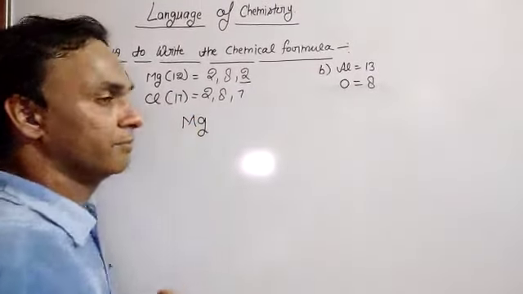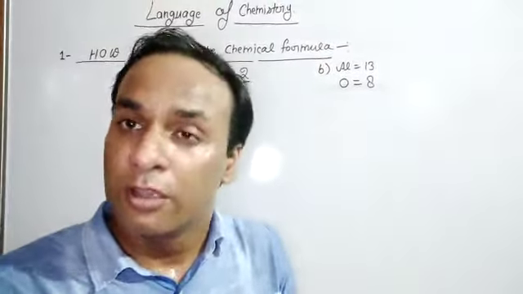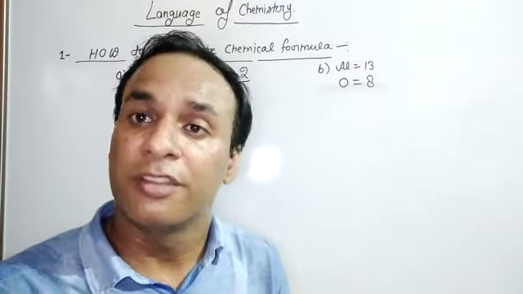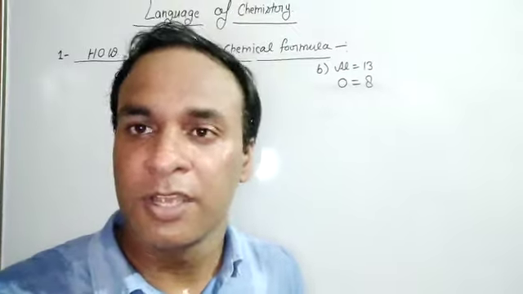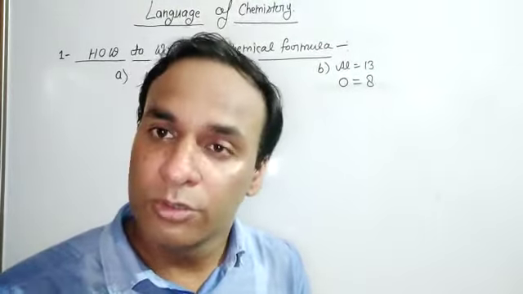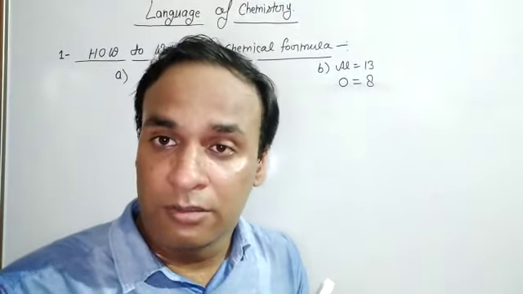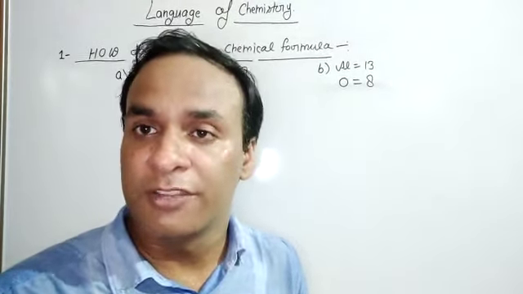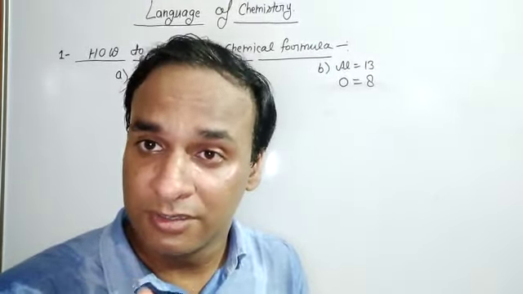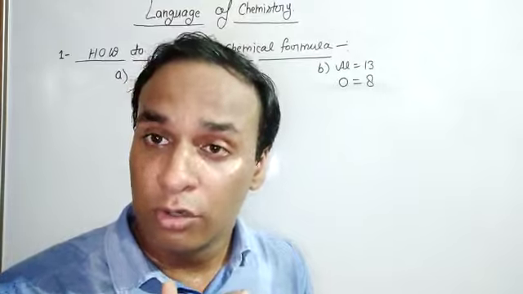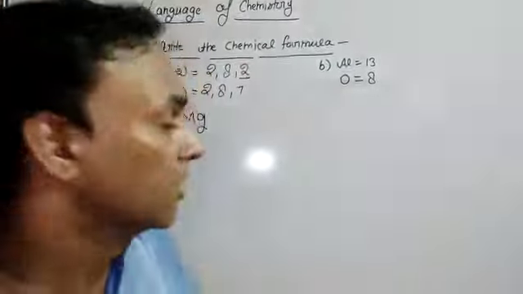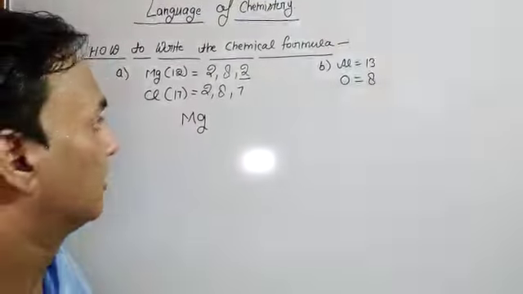Listen, when we talk about metals, which consist of 1, 2, 3 electrons in their outermost shell, their valencies are the same: 1, 2, 3. When we talk about non-metals, if the non-metal consists of 5, 6, 7 electrons in their outermost shell, then the valency of those non-metals is 3, 2, 1, which is obtained by subtracting from 8.